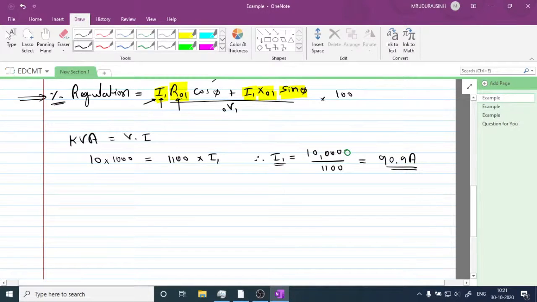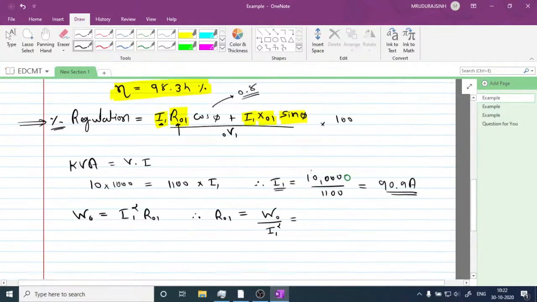Now we'll go for R01, right? To calculate R01 we are going to use the equation of copper loss. Wc is equal to I square R, that is I1 square R01. As we want to find R01, we'll rearrange the equation like this.